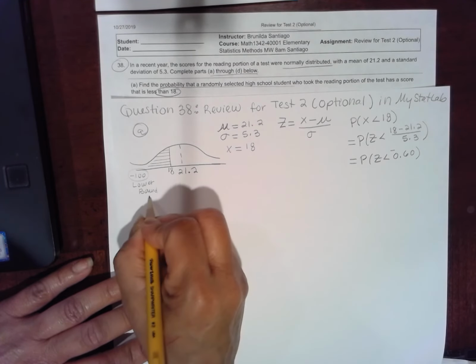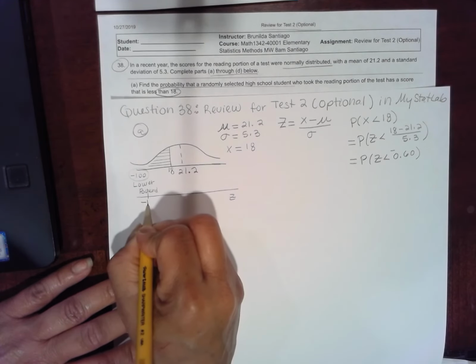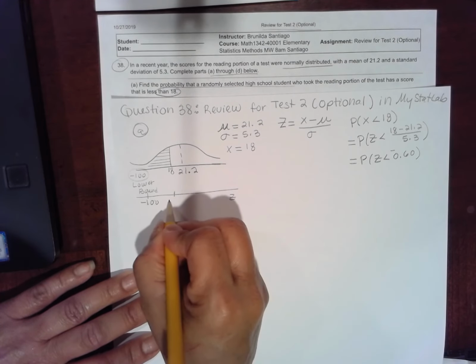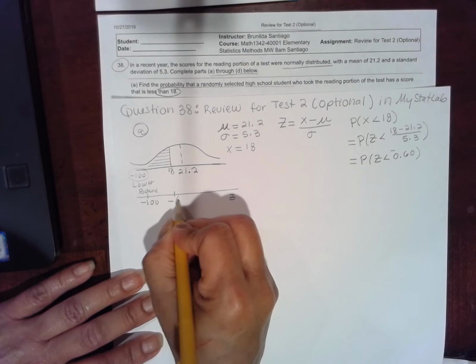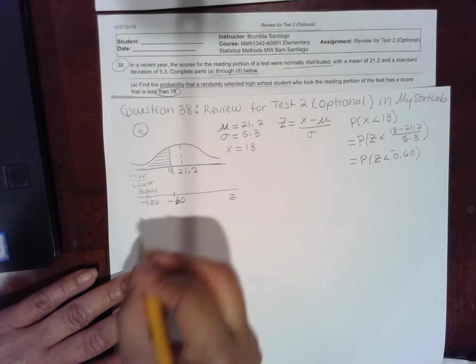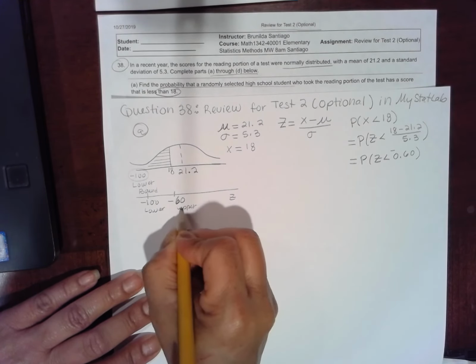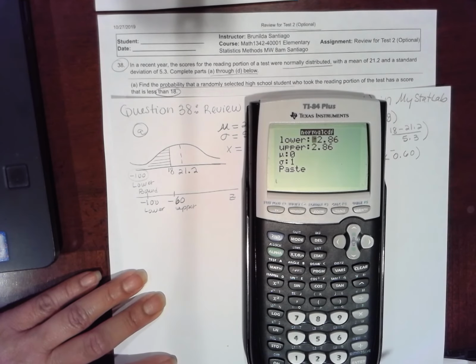And your upper bound is going to be, in terms of the Z score, your lower bound is negative 100, and your upper bound is the Z score, negative 0.60. So in this calculator, my lower will be the negative 100, and my upper will be negative 0.60.